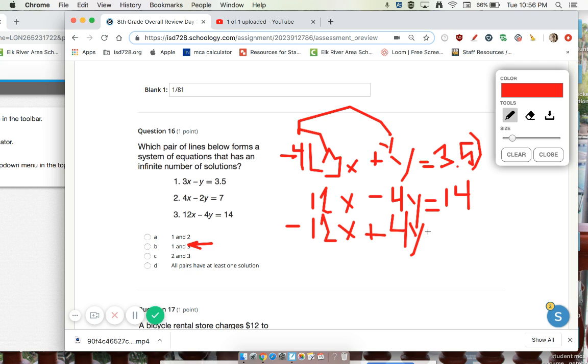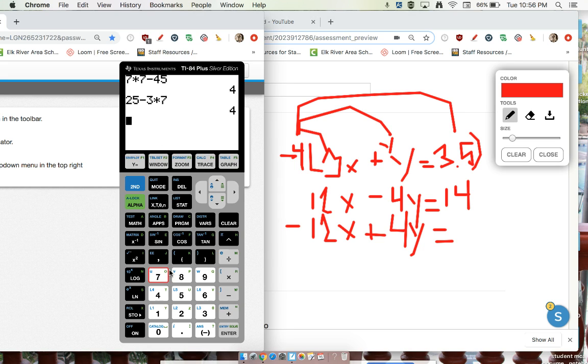Cancel, cancel. Now I just want to make sure that this hopefully will turn to a -14, which I don't know. Now you got to distribute all the way over there. -4 times 3.5 is, I have no idea. -4 times 3.5 is a -14. There we go.